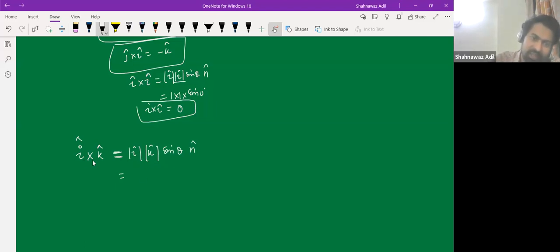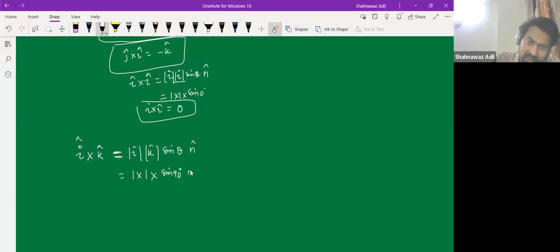These are unit vectors. I, J, and K are unit vectors, so the magnitude is 1. And what is the angle between I hat and K hat? 90, right? So this is sine of 90.